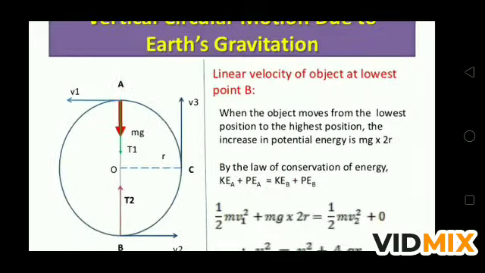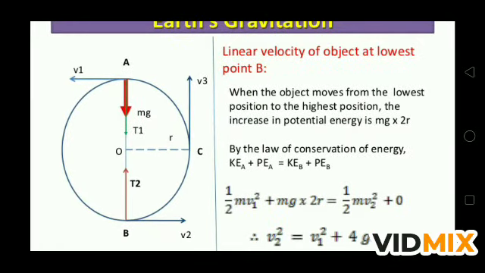Next, velocity at the lowest point. If you see the lowest point B, when the object moves from the lowest point to the highest point, the increase in potential energy is mgh. h is 2r, where r is the radius. By the law of conservation of energy, the energy at the lowest point should be equal to the energy at the highest point.